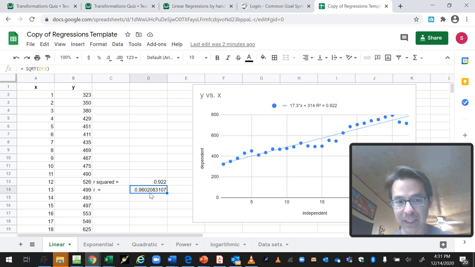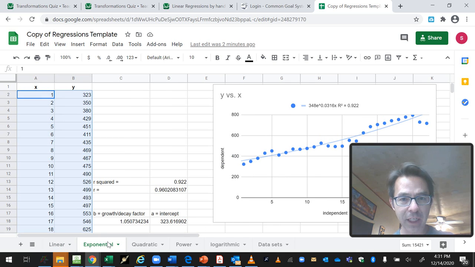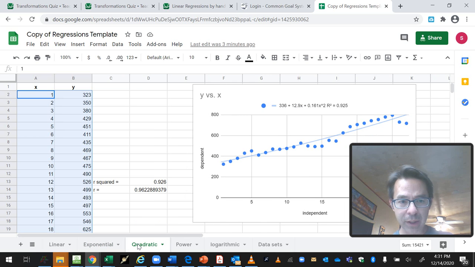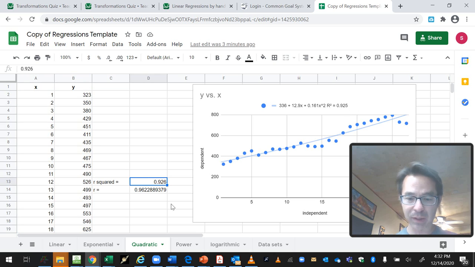Same thing with exponential: 0.922 the first time, and 0.922 this time as well. So linear and exponential are still tied. Quadratic said 0.926 the first time. This time it says 0.925, so that one was a tiny bit off.